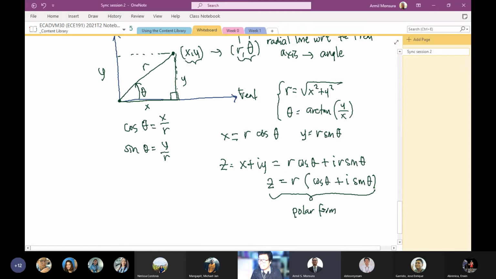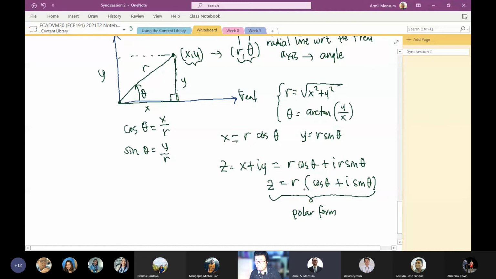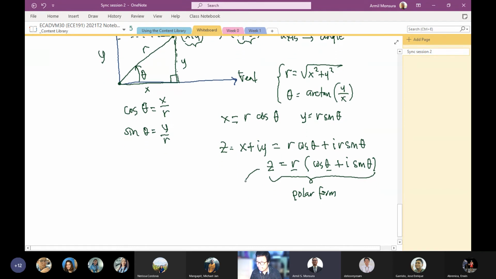Ulitin ko ha. Yung r, theta, are the polar coordinates. This is your polar form. If you write your complex numbers in terms of r and theta in this form, you are writing the polar form of your complex number. Although, this one has a shortcut notation.